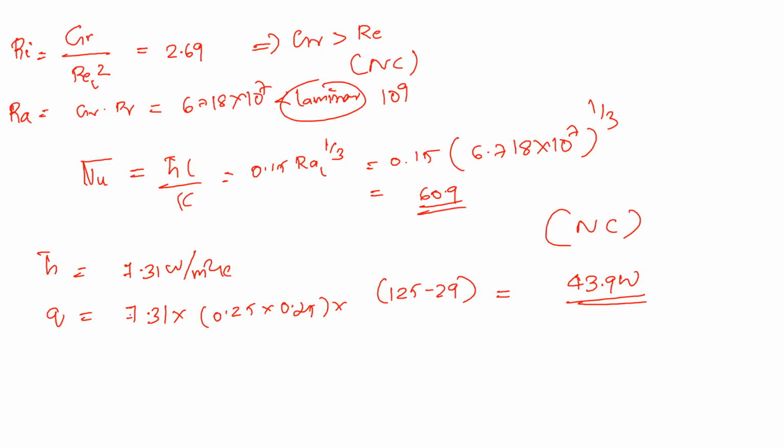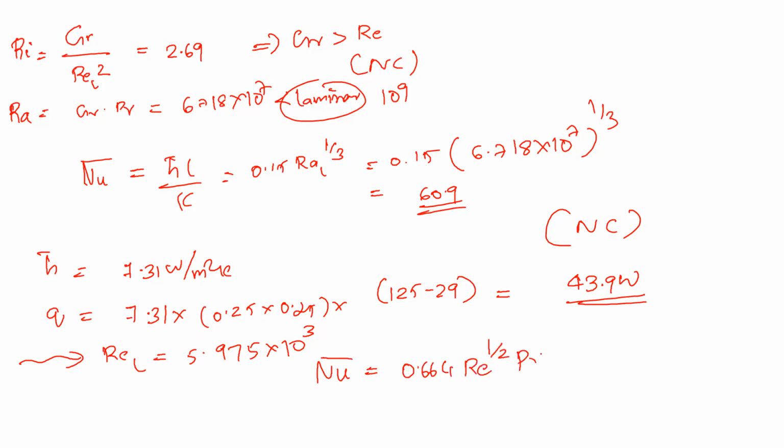Now, if it is moving with the Reynolds number Re_L, which is 5.975 into 10 raised to 3, flow is laminar. So we can use the correlation. This is there already for a flat plate. That is 0.664 into Re raised to half, Pr raised to 1/3.